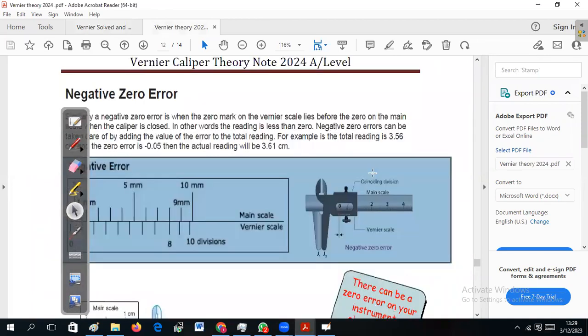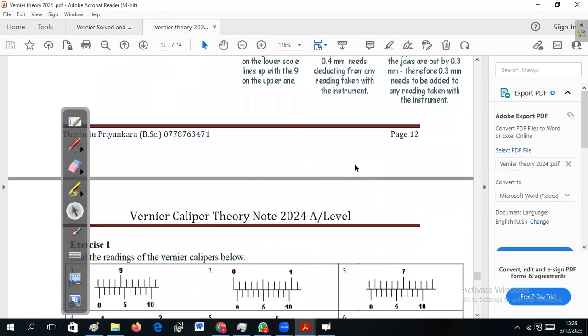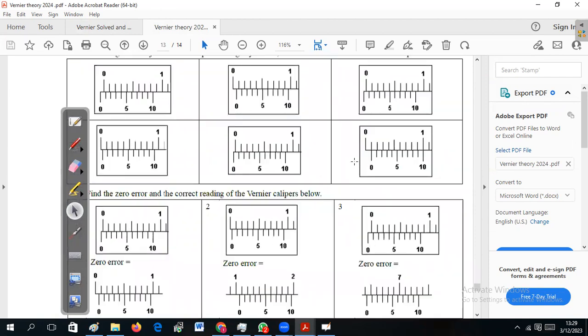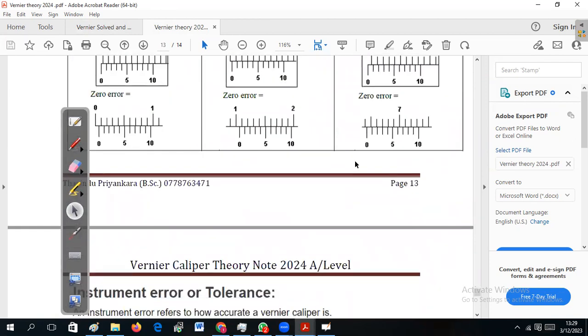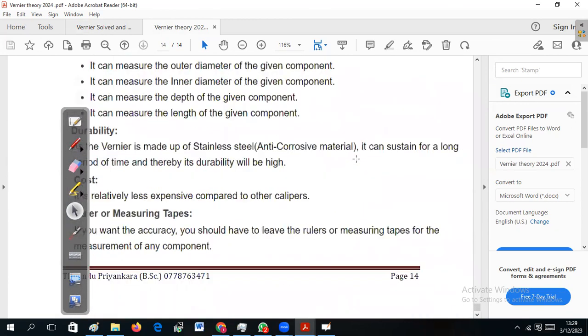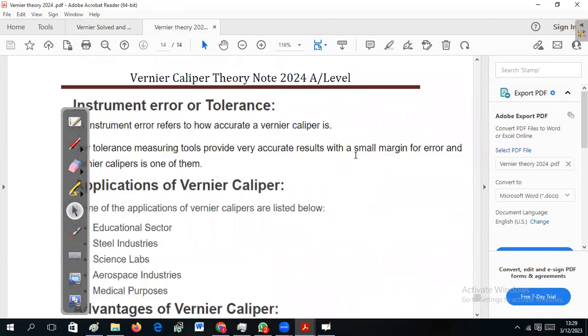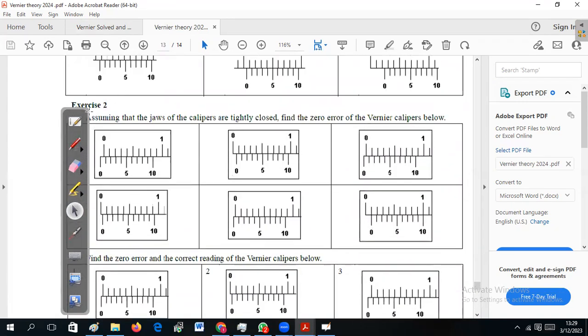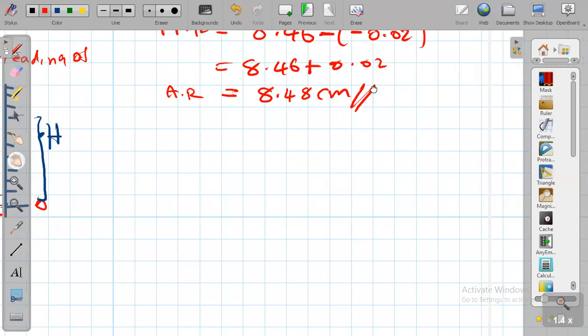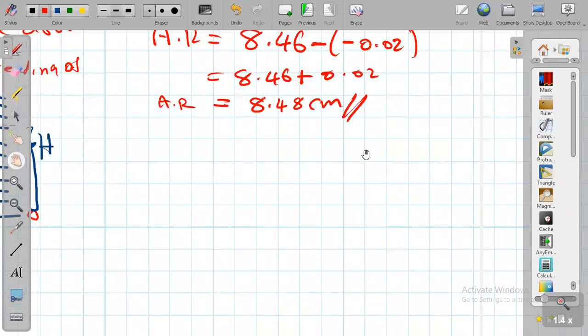Okay. Before taking these readings, let's write some reasons. Reasons for positive errors.